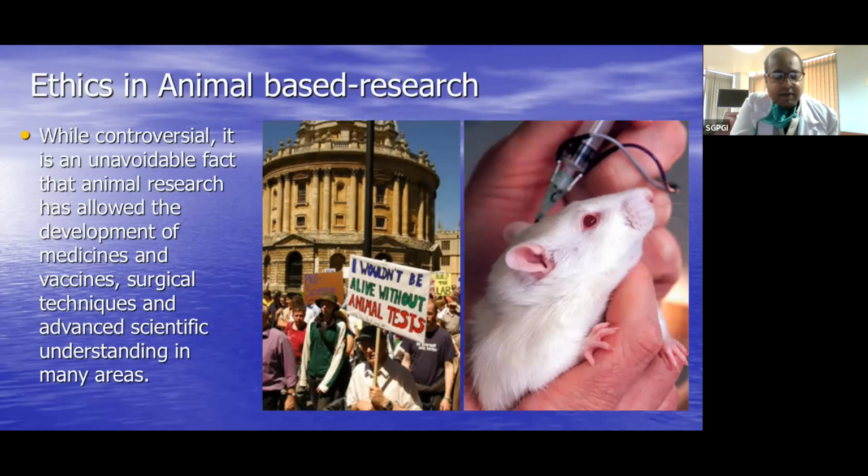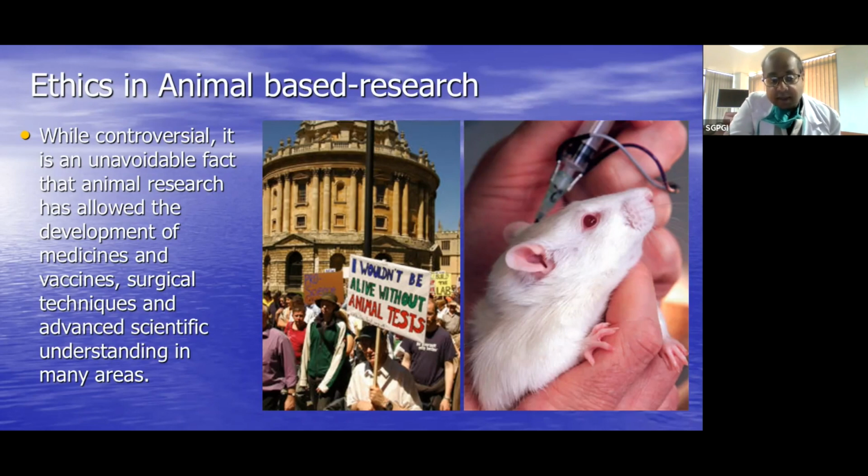There have been a lot of controversies about whether we should do animal research or not. But while the controversies are still there, it is an unavoidable fact that animal research has accelerated the development of medicines, vaccines, surgical techniques, and much progression in fundamental scientific understanding. So we do need animals.